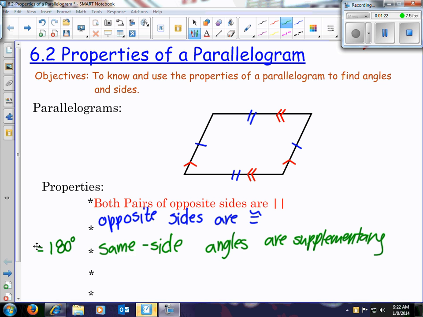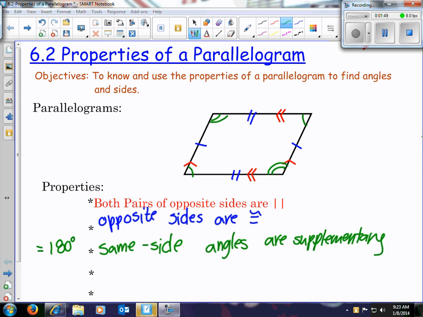Let's mark it up here on our picture first. Same side angles are supplementary, so that means that this angle is supplementary to this angle, and this angle is supplementary to this angle, and vice versa. Anytime you have anything that is same side, so these two angles add up to 180, these two add up to 180, and it keeps going all the way around the parallelogram.